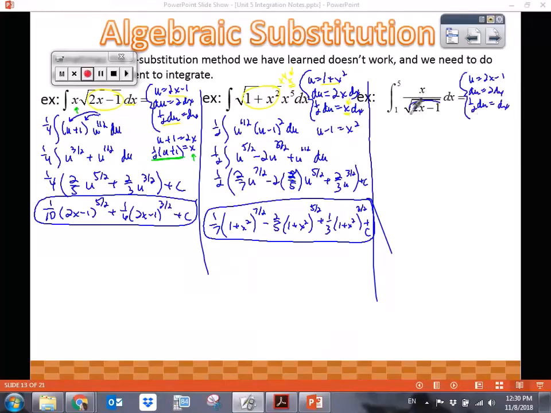Okay, so this is going to turn into a u, and I have an extra x. So I'm going to have to try the algebraic substitution again. I'm going to take the relationship that I have between u and x, and solve it for x. So that would be u plus 1 equals 2x, or 1/2 times u plus 1 equals x.